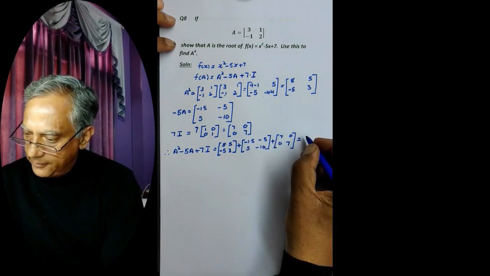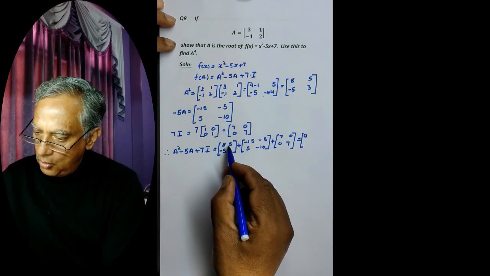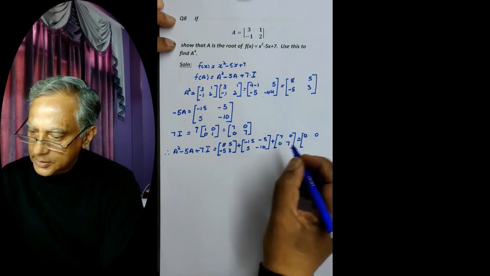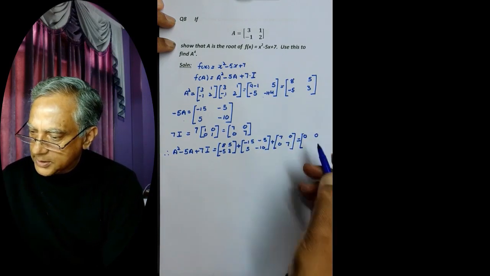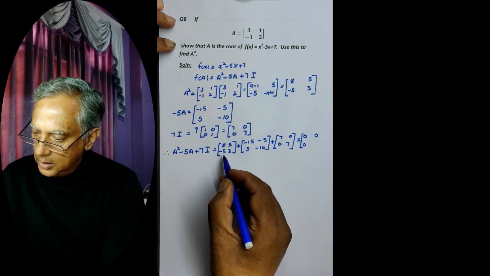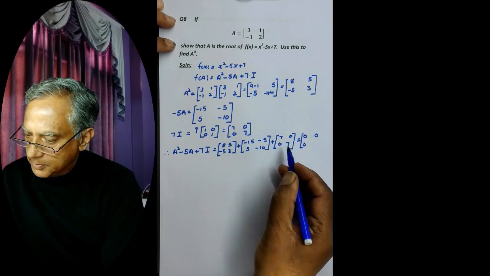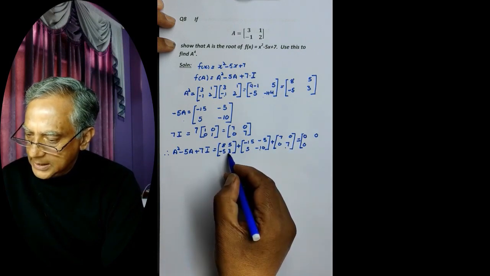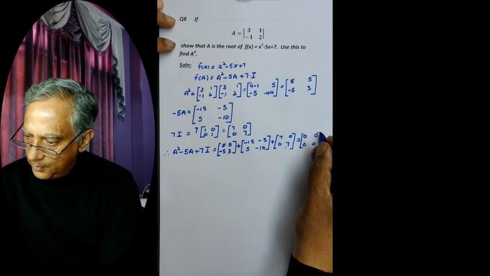Minus 7 plus 7 is 0. So this is 0. 5 minus 5 is 0. 0 plus 0 is 0. Minus 5 plus 5 is 0. Plus 0 is 0. Add all the 3 entries at this place. 3 minus 10 plus 7, so this is 10 minus 10 is 0.